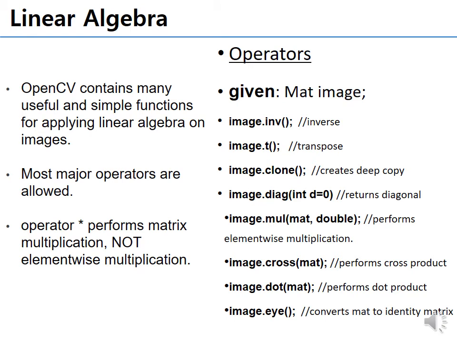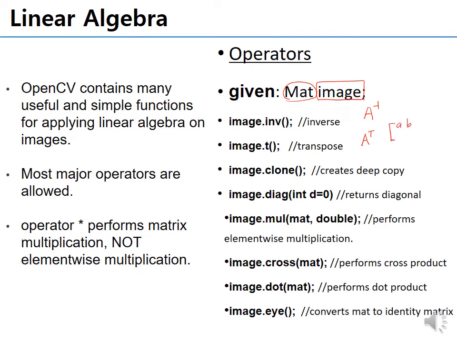OpenCV contains many useful and simple functions for applying linear algebra on images. Most major operators are allowed. When the image is given, that is a Mat image, image.inv provides the inverse of the image matrix, A inverse, and image.t is the transpose. You know what transpose is?